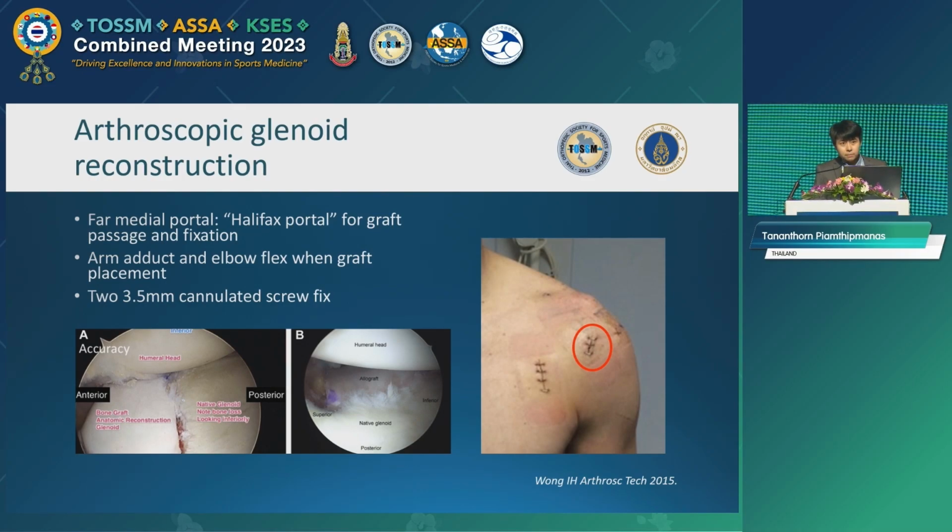When we want to fix the graft placement, make sure that the arm is adducted and the elbow is flexed.